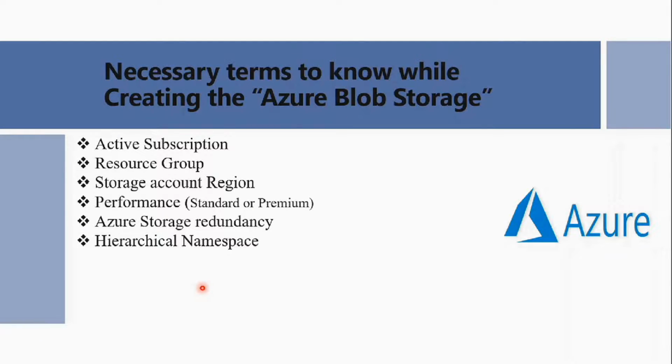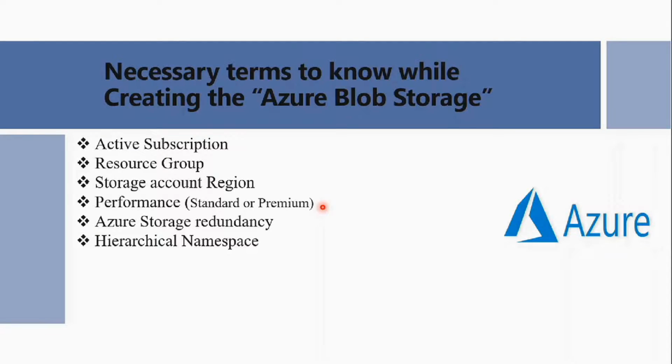We're supposed to have an active Azure subscription and the resource group in which we are deploying the blob storage, and the storage account region. As we know, Microsoft has multiple data centers around the globe, so we can select a particular account region. Coming to performance, Azure provides two options, standard or premium.